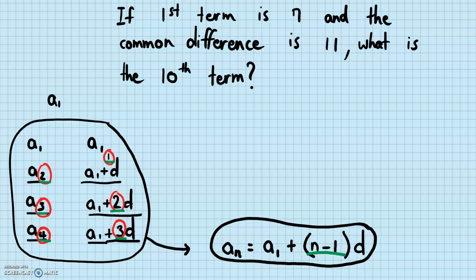Okay, so notice that two things need to be given here. We need to know that the first term is 7, and we need to know that the common difference is 11. Once we know those two, we can find the 10th term.